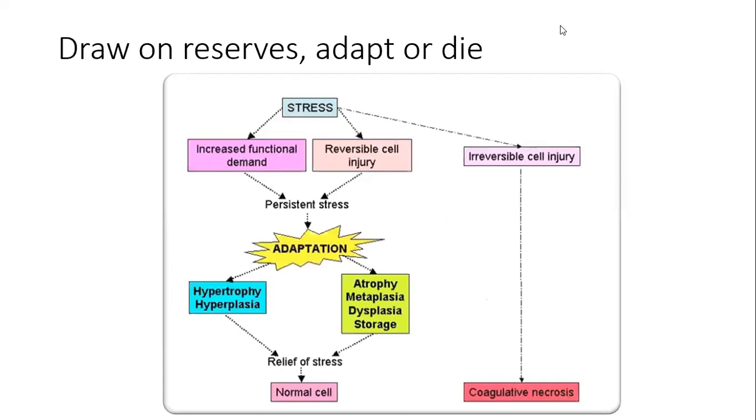So here is an image of this process, sort of the sequence. Cells have a couple of choices when stress is applied.